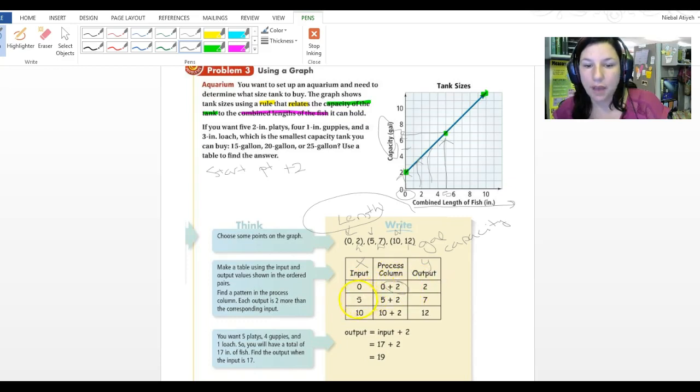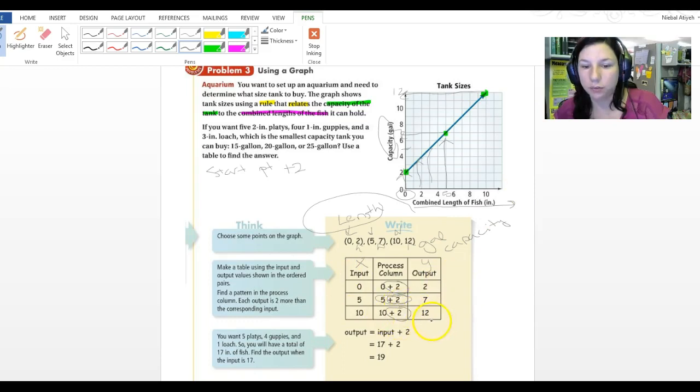When I had 5 inches combined length of fish, I needed 7 gallons. So what is that process? How do I get from here to here? Again, they added 2. Same here, if I have 10 inches of fish, our output is 12. That's coming from the graph. How do I get from 10 to 12?